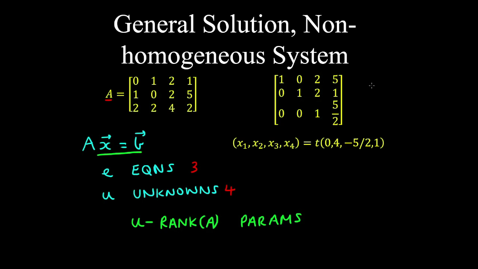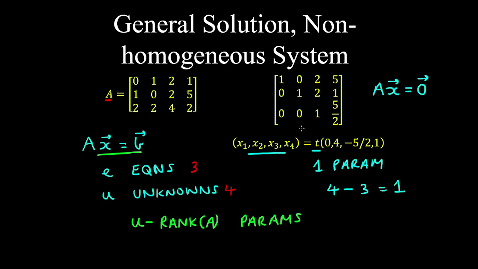So remember that when we reduce this system to row echelon form, then for the homogeneous system, the solution space was described by one parameter. So as we can see, the number of unknowns is 4 and the rank is 3, which gives the number of parameters in the general solution of the homogeneous system.